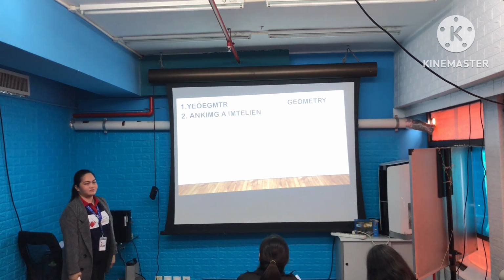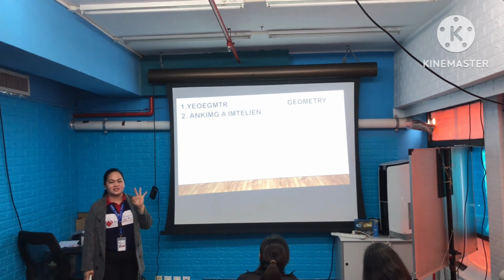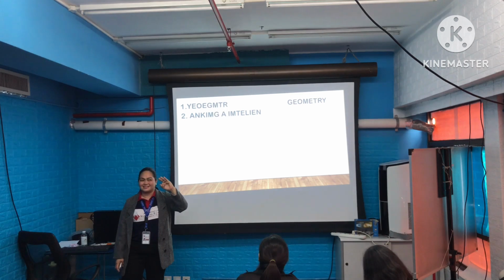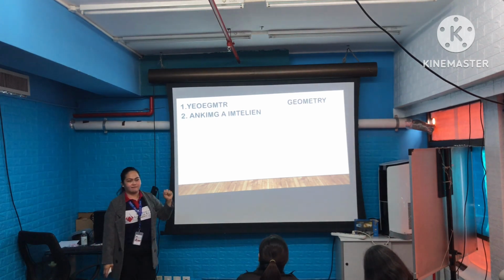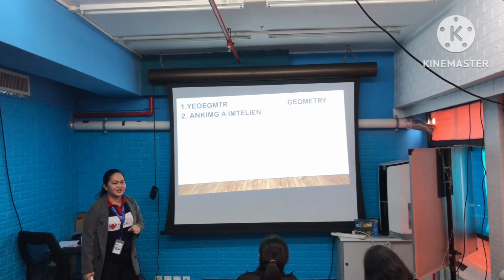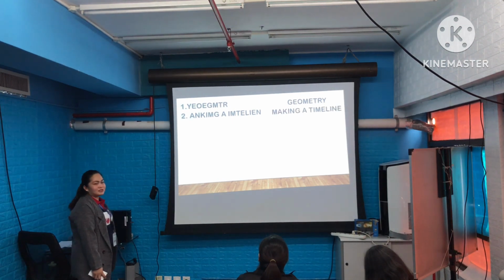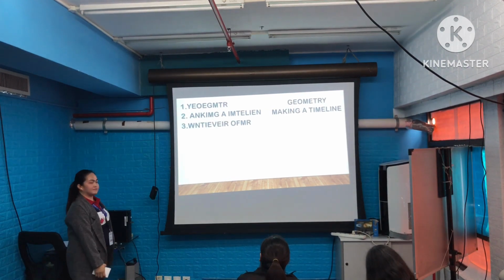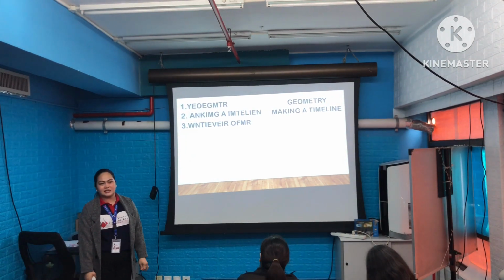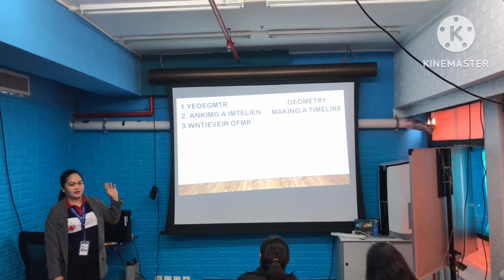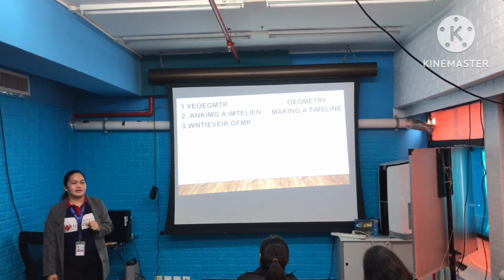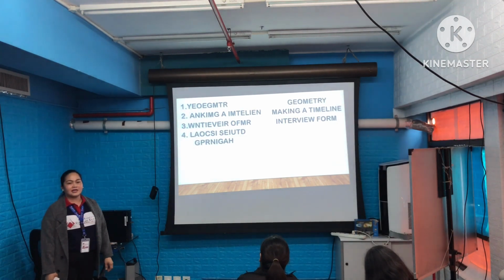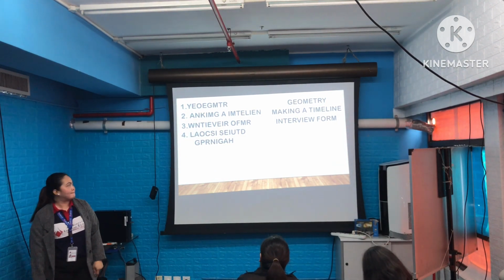Number 2. It's 3 words. First word. Making a timeline. Okay, very good. Next one. 2 words. It can use a spreadsheet. Interview form. Yes, correct. Interview form. Number 3. 3 words.